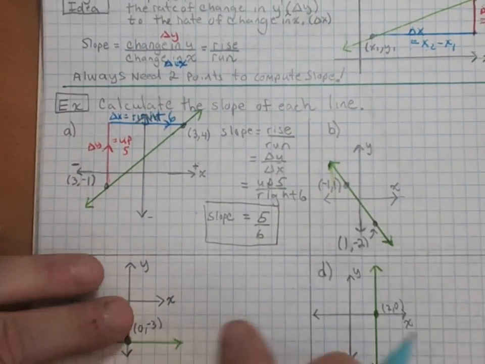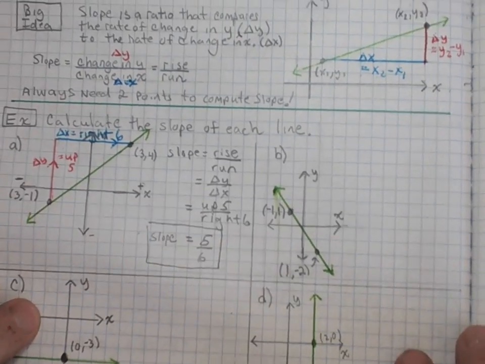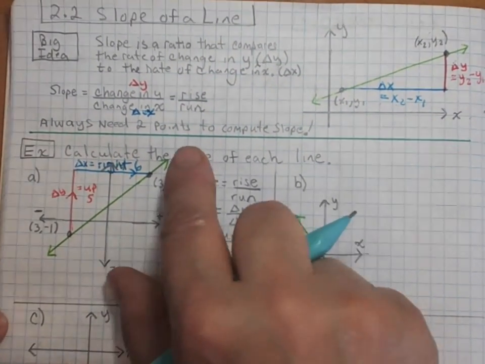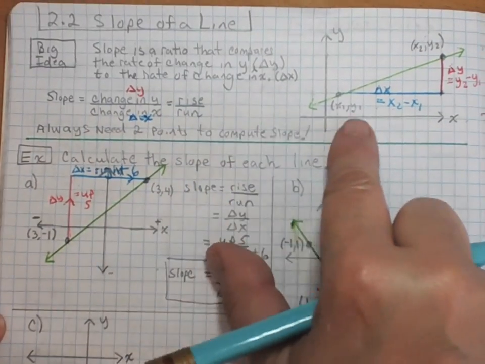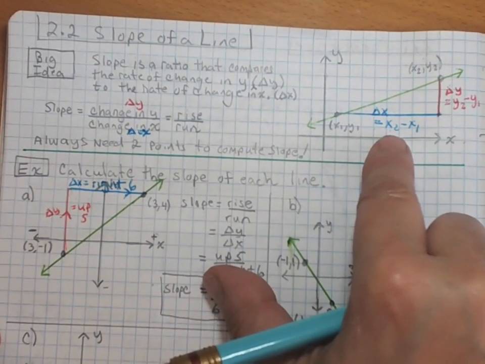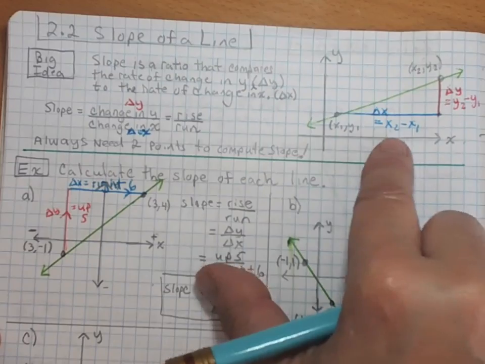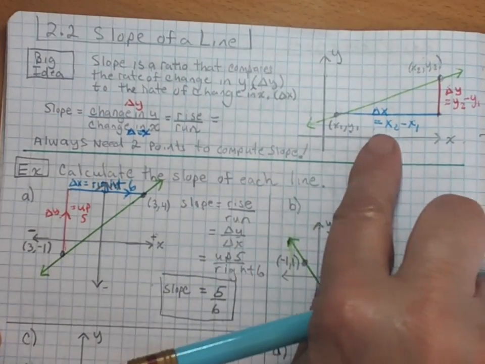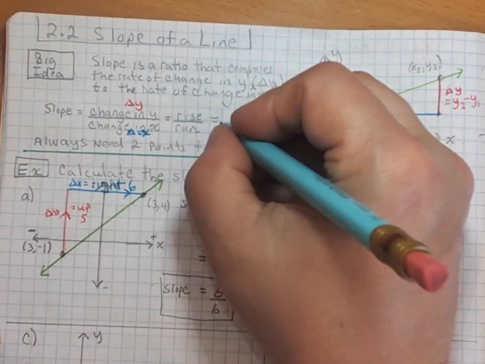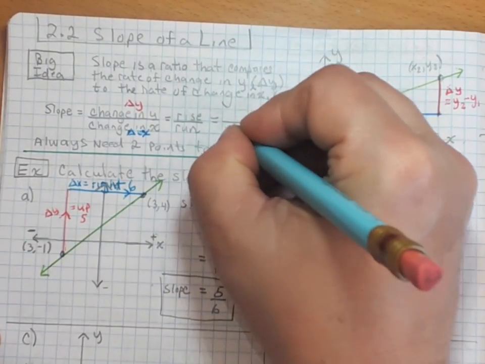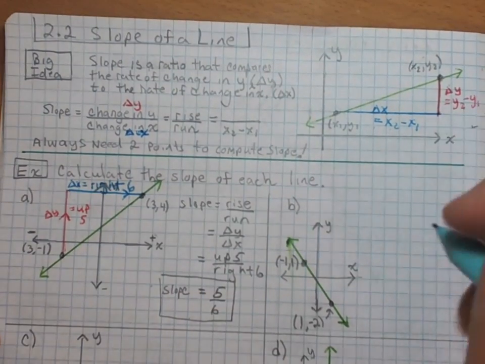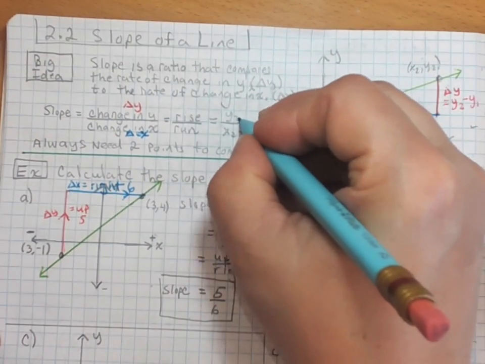Okay, so we're going to do this several times, but I also want to introduce to you a formula that will help us get your slope. So remembering that delta x, we can get it mathematically or algebraically by subtracting the x-coordinates, so that change in x is given by x2 minus x1. And the change in y is given by y2 minus y1.